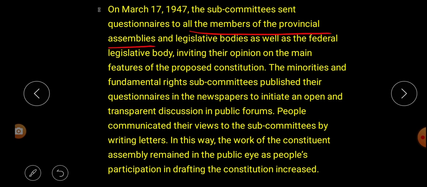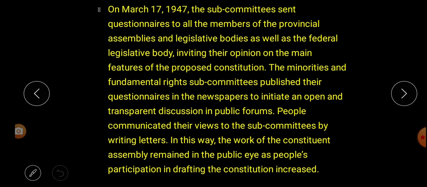Listen carefully. On March 17, 1947, the subcommittees sent a questionnaire to all the members of provincial assemblies and legislative bodies as well as the federal legislative body. To whom did they send the questionnaires? First, all the members of provincial assemblies, second, legislative bodies, and third, the federal legislative body.